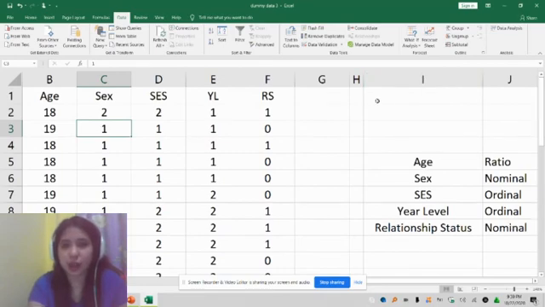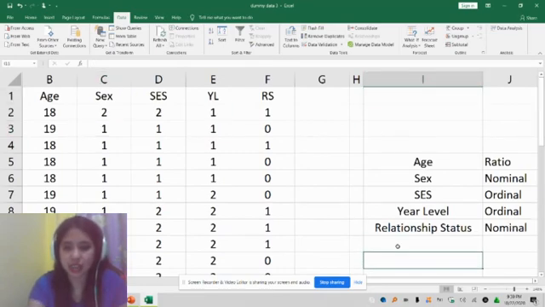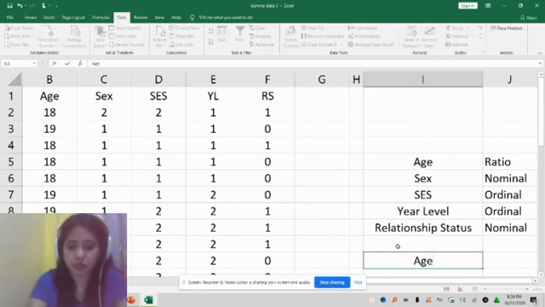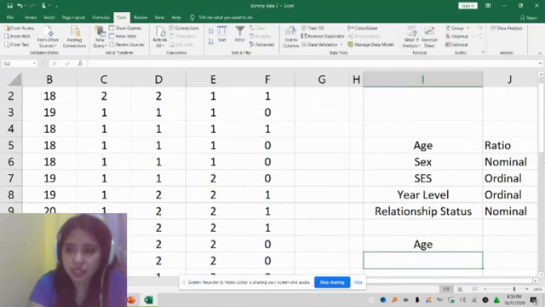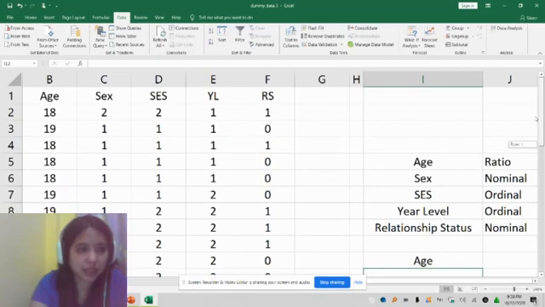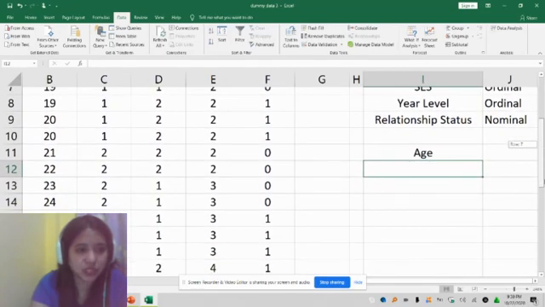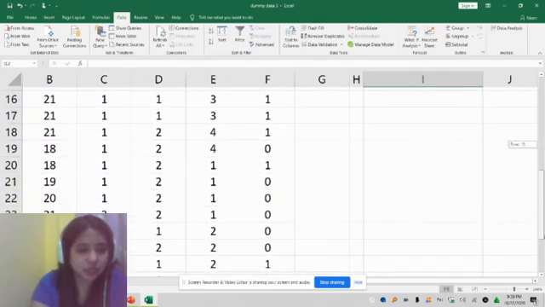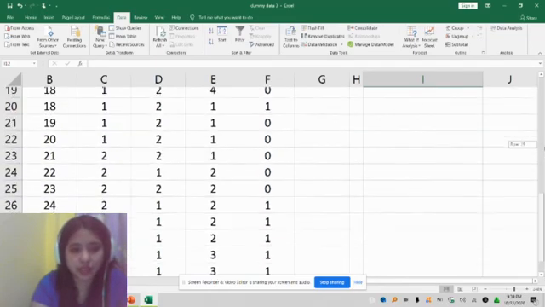So what was the bin range used last time? For age, let us go back again to our data. This is 18 to 25.